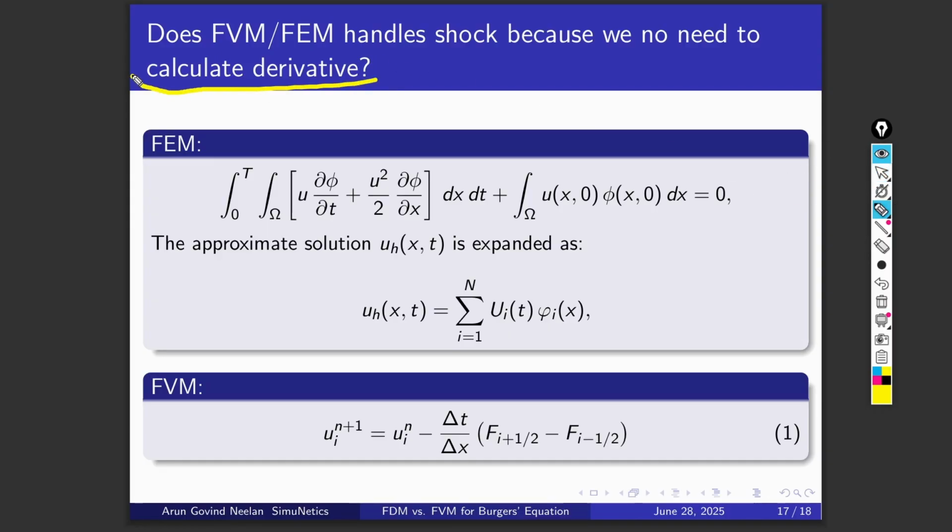Because I have seen a lot of this kind of statement in lecture notes or even review comments: the finite volume method is best to handle shocks, the finite difference method is not good to handle shocks, because finite volume works on an integral formulation. But I am not convinced on the topic. I will give an explanation why I feel that is not the right way of interpreting it.